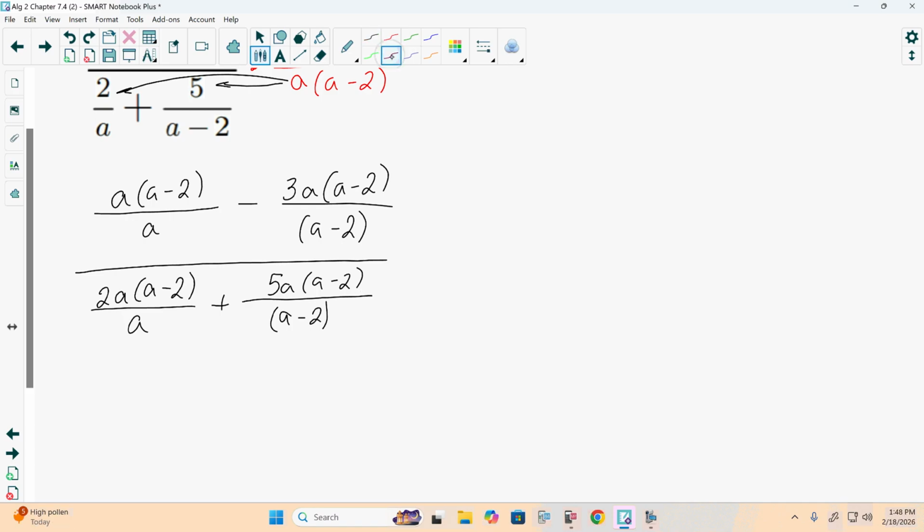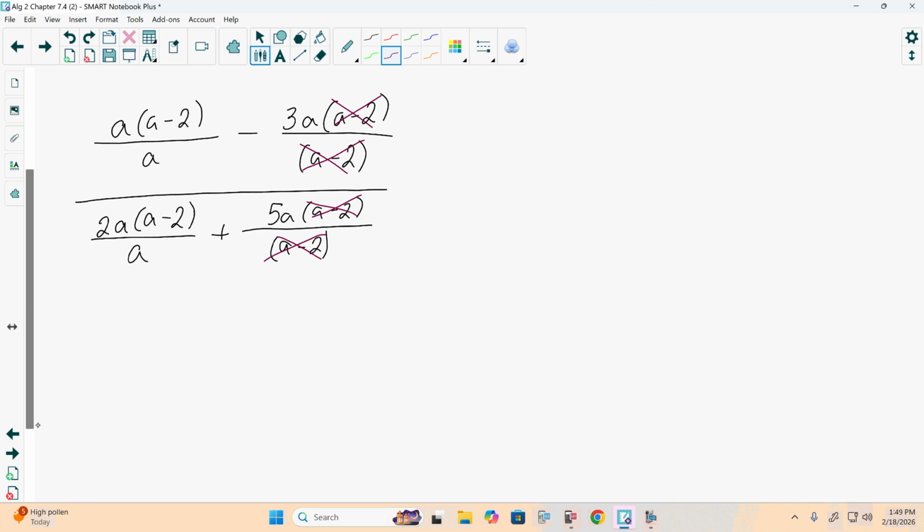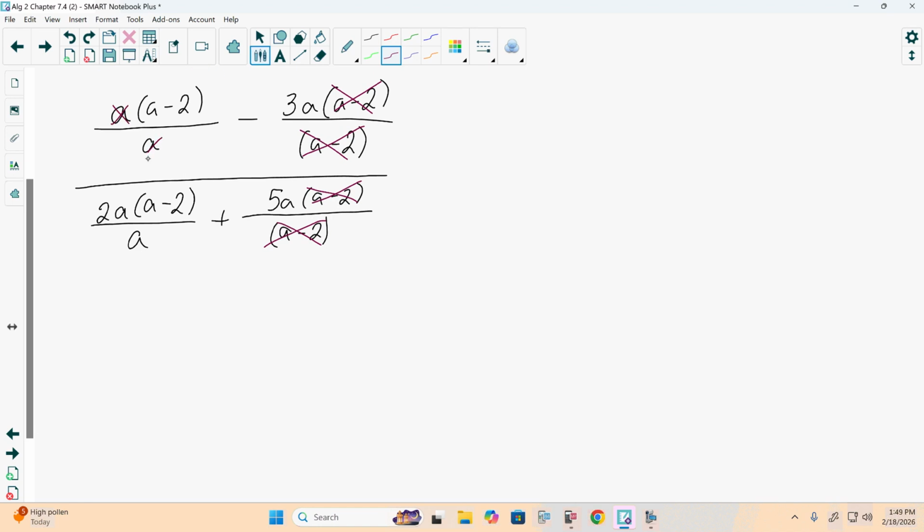Let's see what simplifies. Well, our a minus 2 over a minus 2, a minus 2 over a minus 2, and we can cancel them out because on top the 5a and 3 are being multiplied by the a minus 2. They're not being added, so we can cancel there. For the same reasoning, our a over a can cancel because the a on top is being multiplied by that a minus 2.